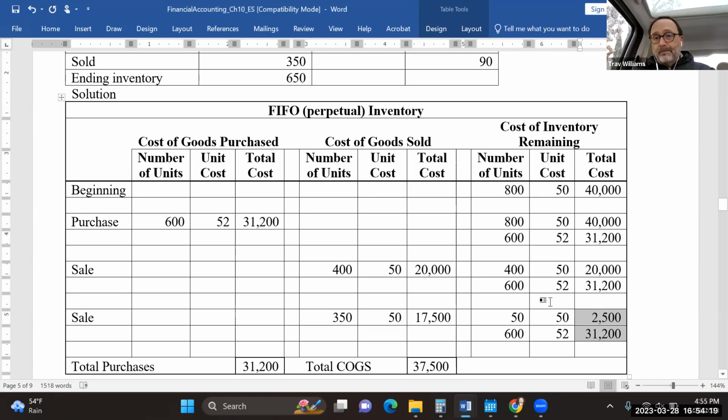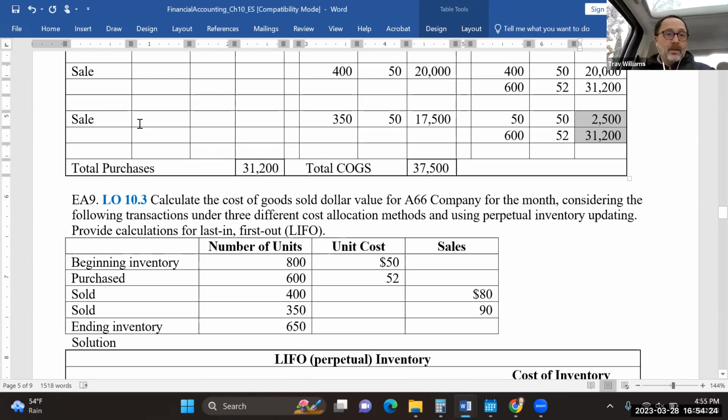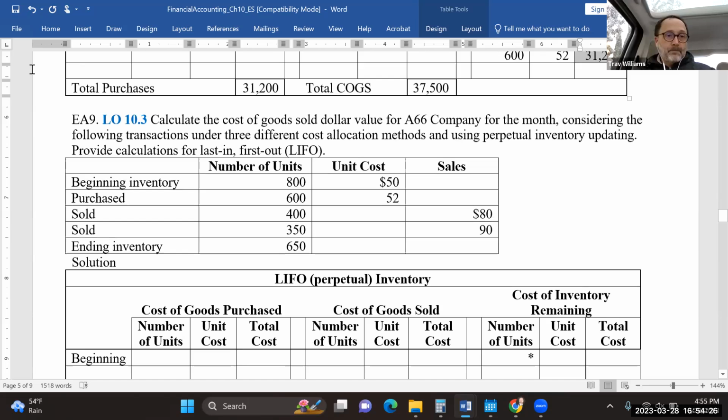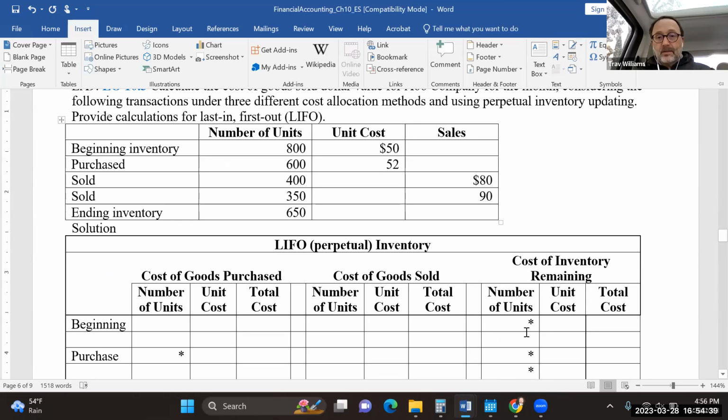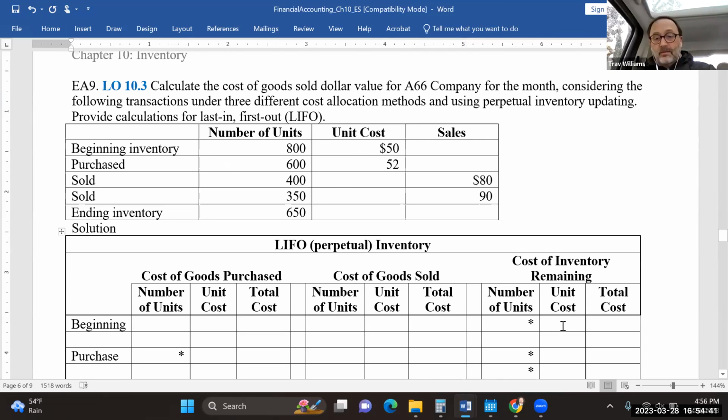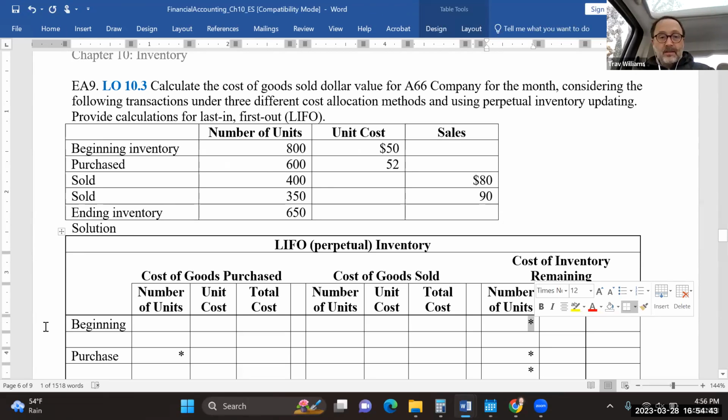All right, so it's a similar process here with LIFO. In fact, it starts out exactly the same because we start out with 800 units at $50 each, totaling 40,000. Exactly the same. We buy 600 at 52 each.